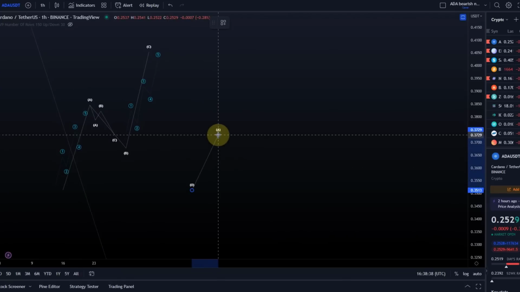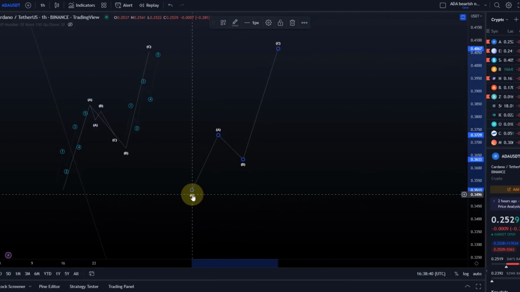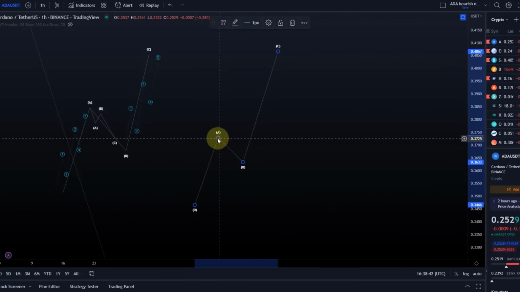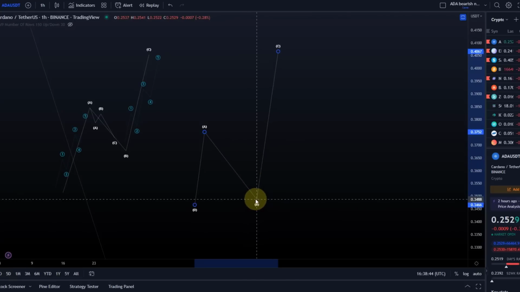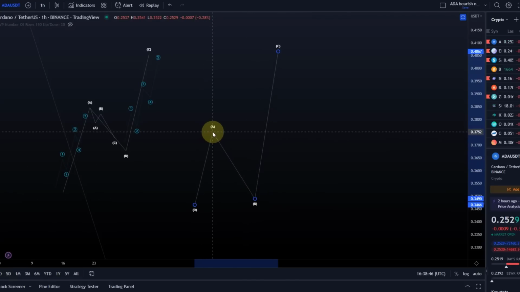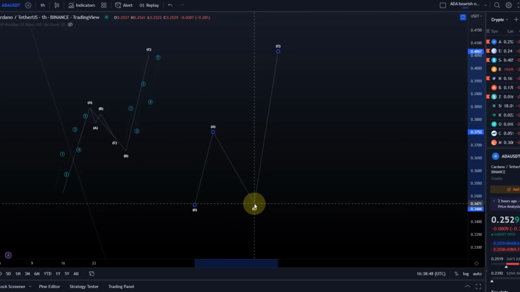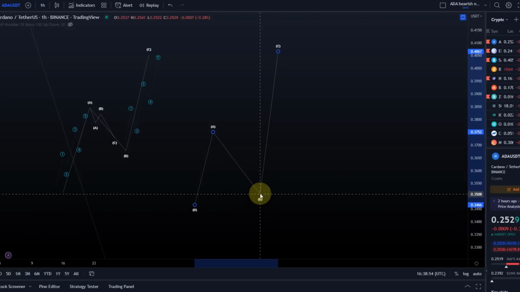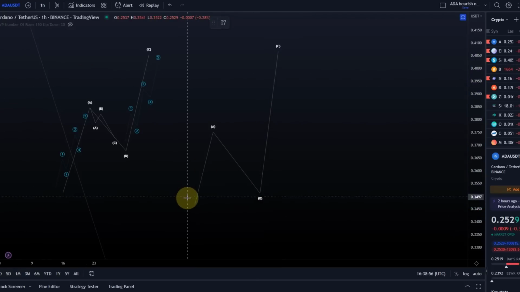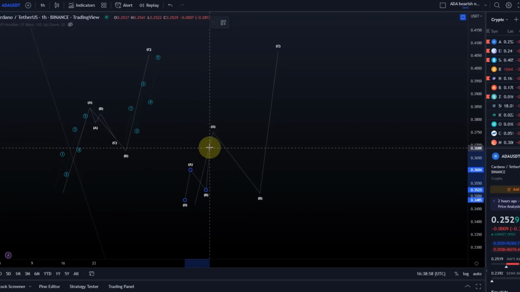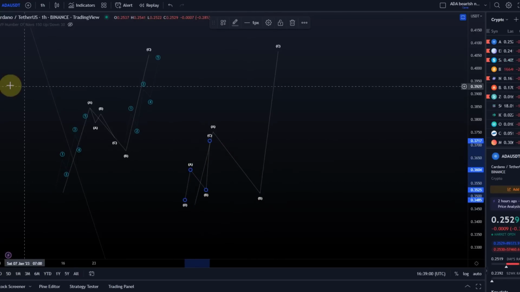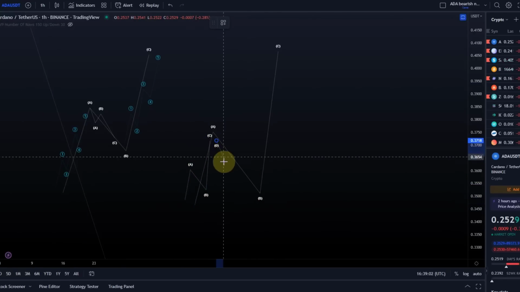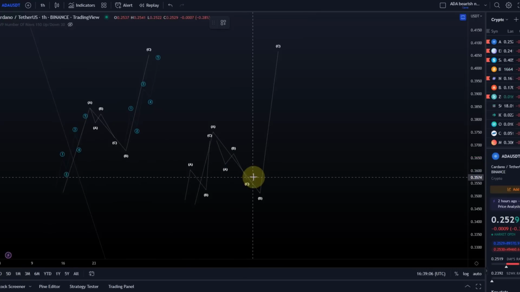Within the larger ABC pattern, there is a possibility that we get a so-called flat pattern, which puts in a lower B wave. Usually it can even retrace 100% of the A wave, or it can even go down lower. This happens when the A wave has only 3 subwaves, A, B, C. Then we have a so-called flat pattern, A, B, C, and the C wave, however, would still be an impulse.